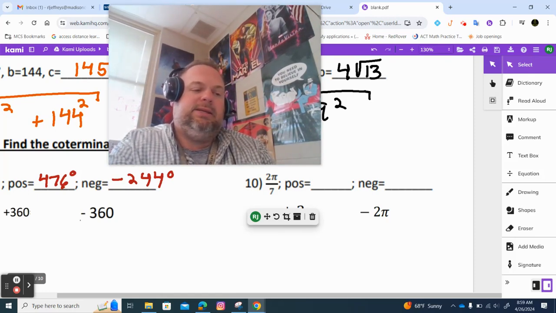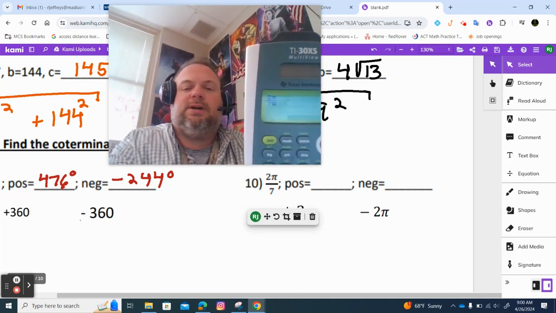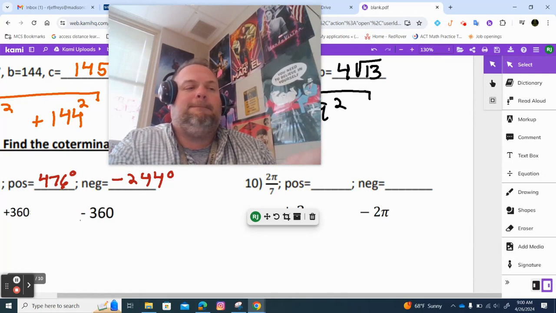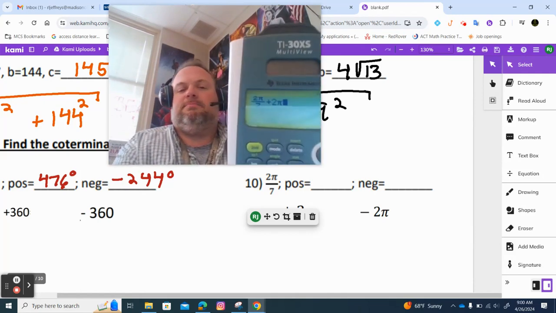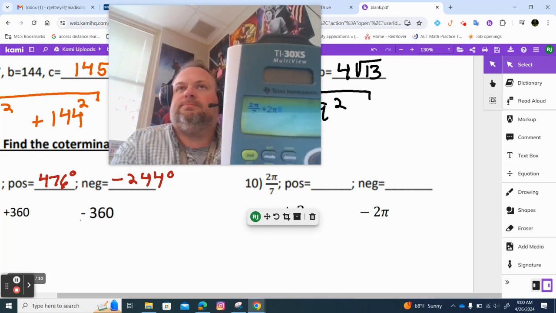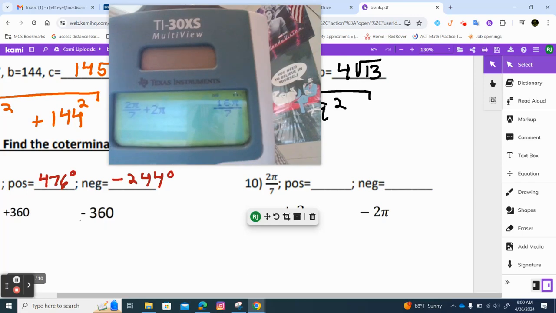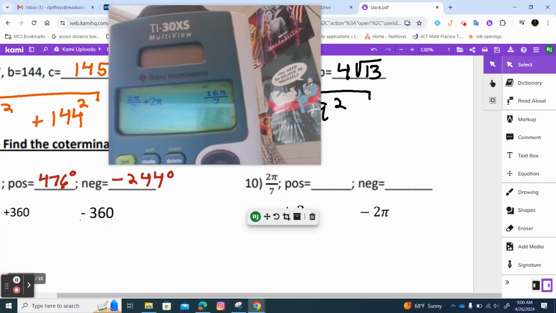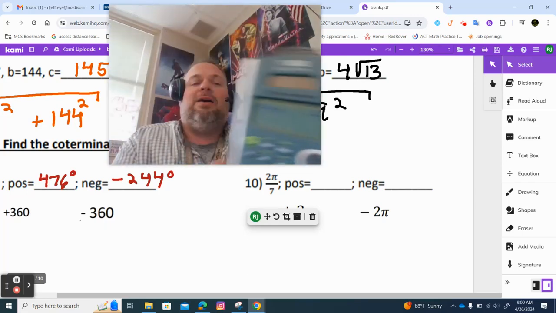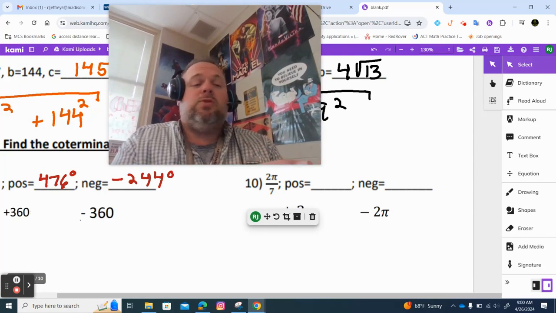Or you could hit n over d first. So you have this, right? Plus 2 pi. Yeah, it will actually give you the answer in terms of pi. I did not know that. Now, do you have to do it that way? No.